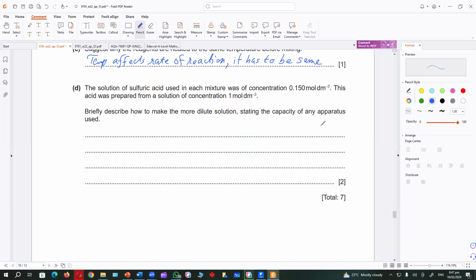The solution of sulfuric acid used in each mixture was of concentration 0.15. The acid was prepared from a solution of concentration 1. Briefly describe how to make the more dilute solution, stating the capacity of any apparatus used.